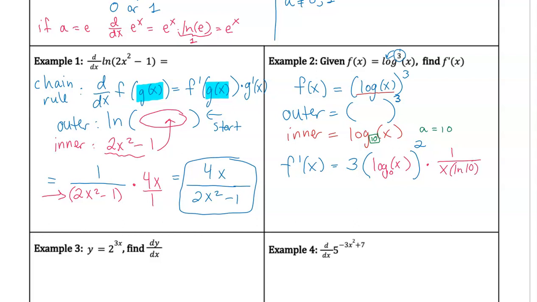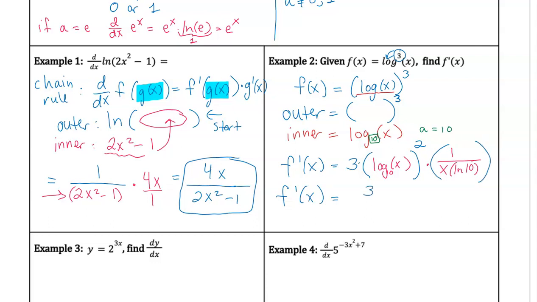I have to multiply the x in the denominator of the derivative by the natural log of this base, which is just a number, but it's a number that I can't simplify any further without decimals. So I'm just going to leave it as ln of 10. Now this one, I might want to just combine my constants together and maybe even this outer x. So I'm going to multiply this part together with this 3.